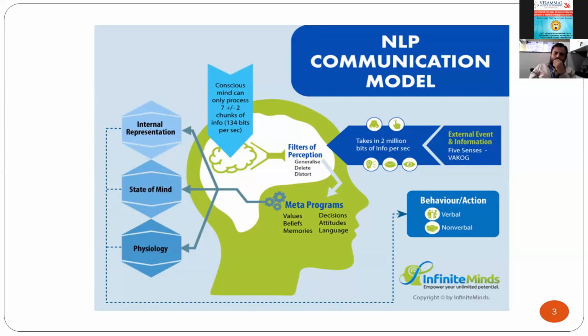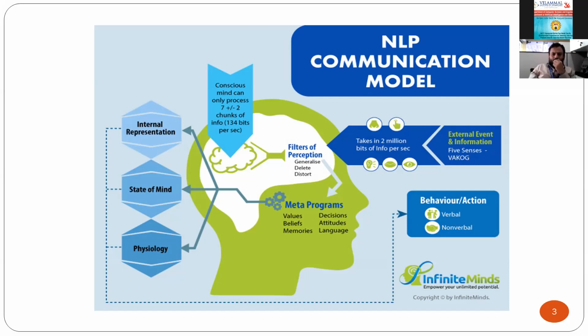Okay, so here now we concentrate on generalization, deletion, and distortion. Okay, so how to generalize the things, the learning materials, how unwanted understanding is deleted, how to avoid the distortion. Okay, so that is very, very important here.